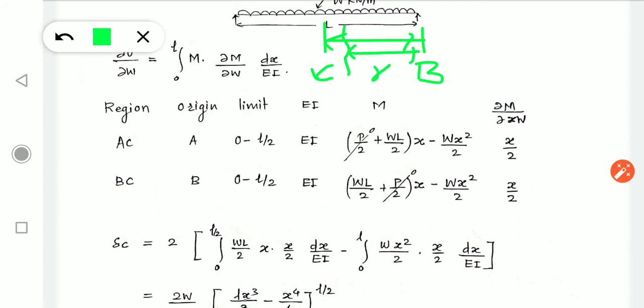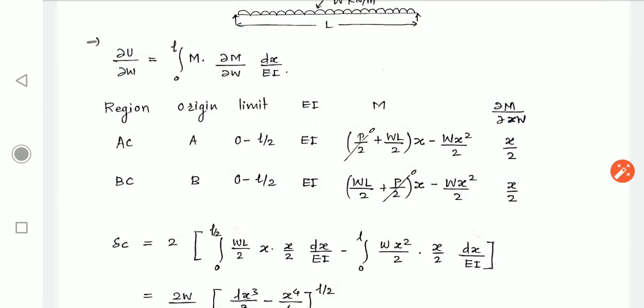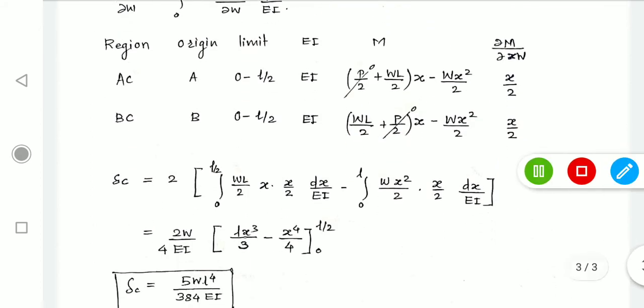The moment will be exactly the same because the reactions are the same at both ends, so everything remains the same, and the partial differentiation of it will become x/2.